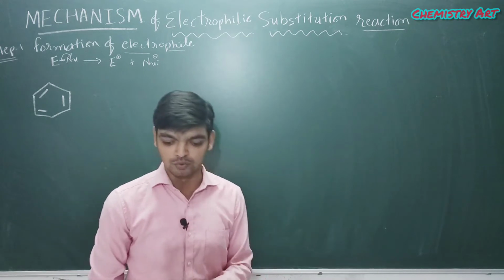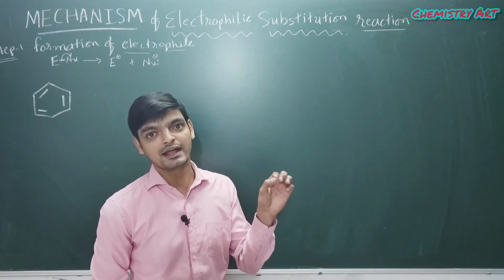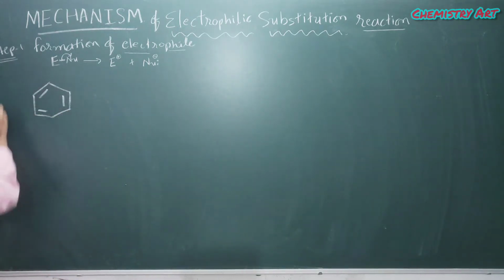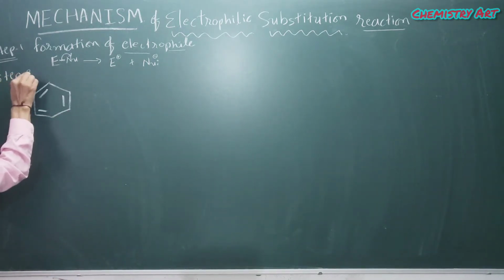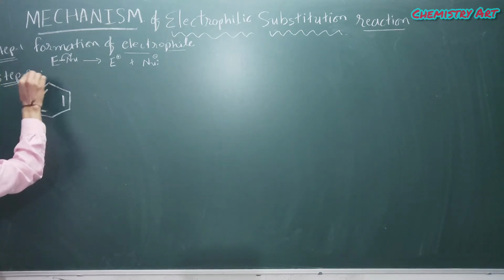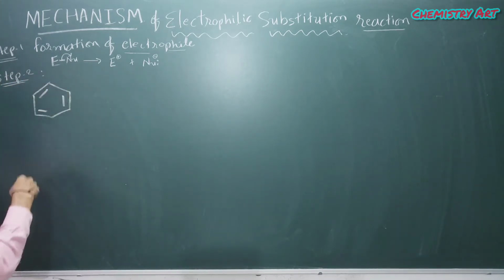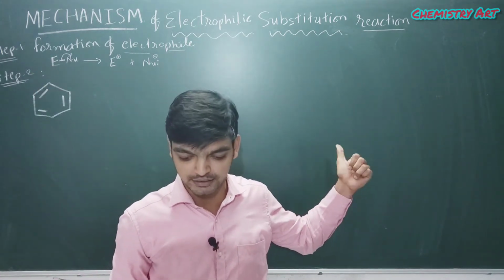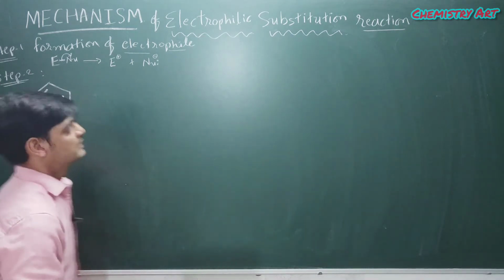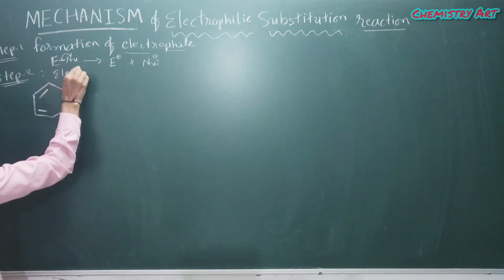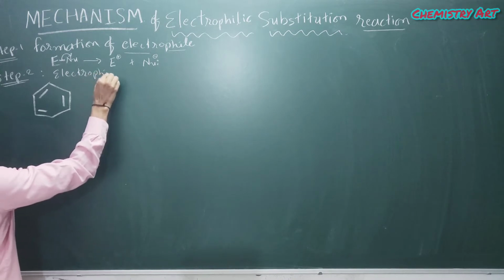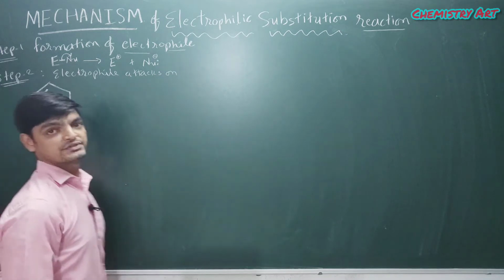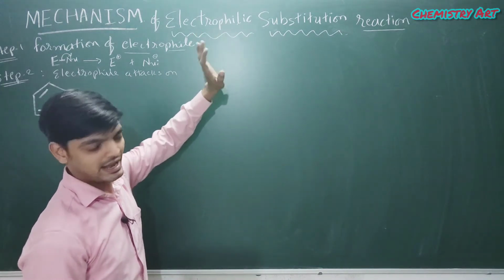Now step number 2. This electrophile will attack our substrate. For example, we are doing the substitution reaction of benzene. So step number 2 is the attack of electrophile. The electrophile attacks the substrate, that is, the aromatic ring.